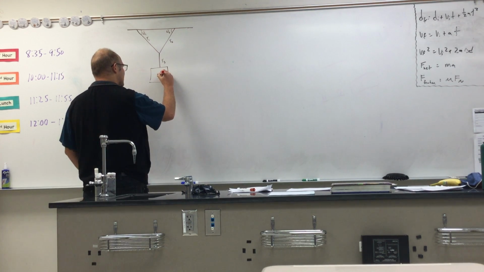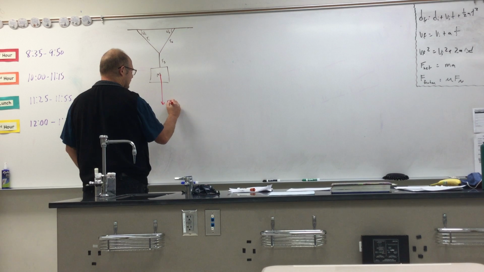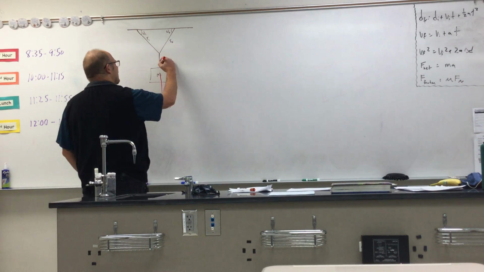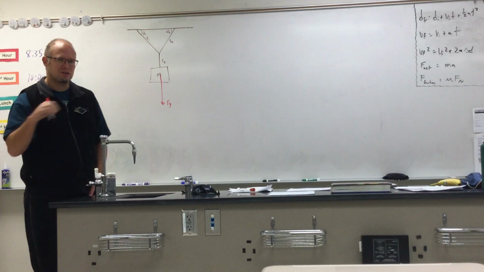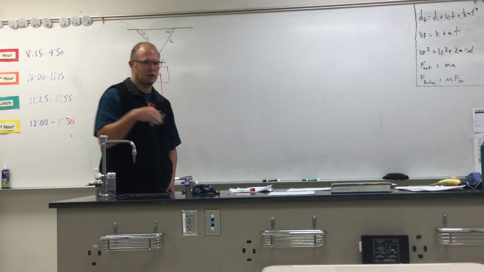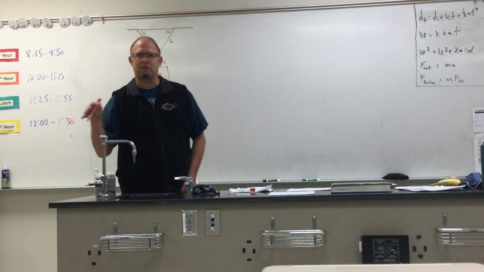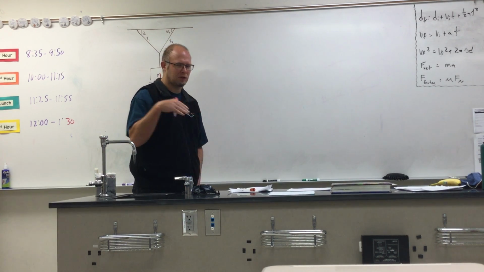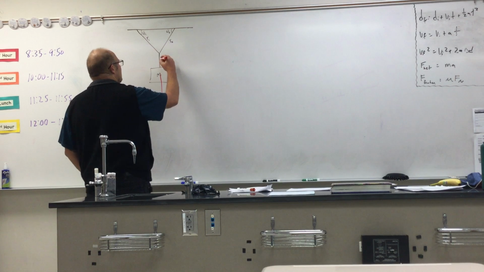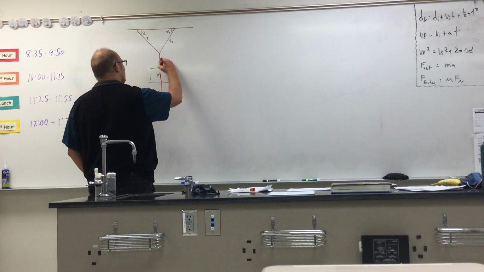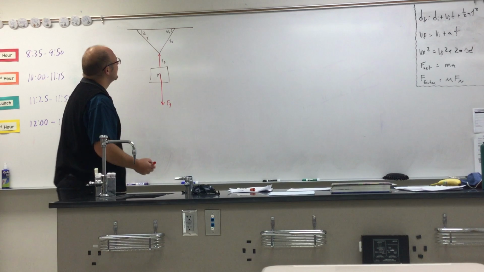On this mass, there is, of course, the force of gravity acting on it. And T, tension, is just a force that's exerted along a string or a rope. Even though T is not the same letter as F, it is simply a force, so tension and force are really interchangeable terms. The tension here is the thing holding it up.